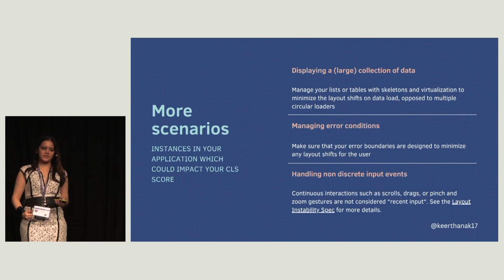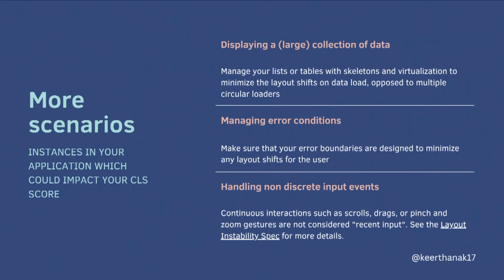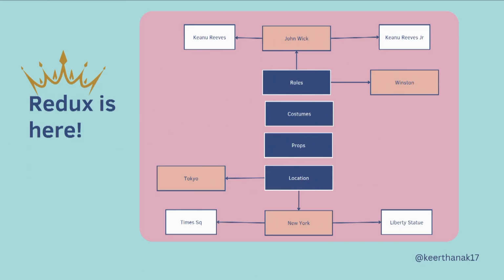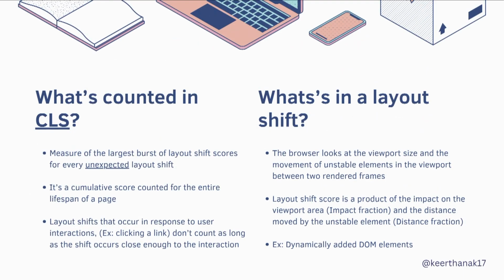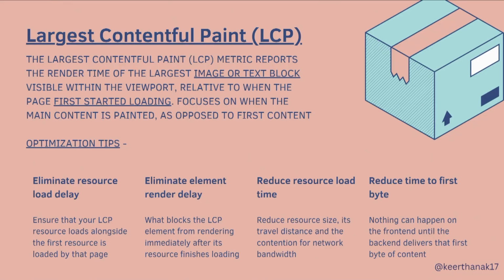More scenarios where things go wrong. Yes, displaying a large collection of data. This will come into play in one of my future examples. But when you have a large set of data coming in, you use something like lazy loading or caching. Those were some things that I recommended back in my LCP slide, which I don't know if you remember because there was a lot of content up on the screen.